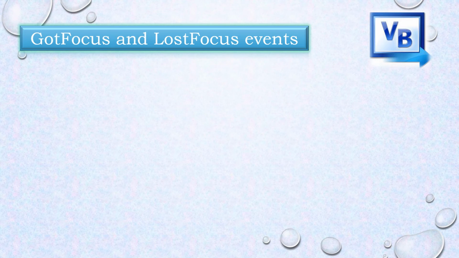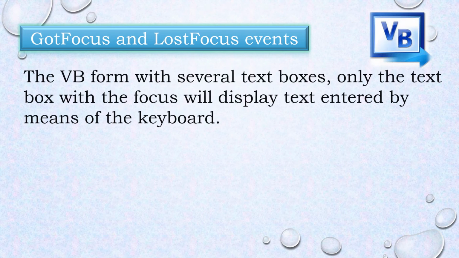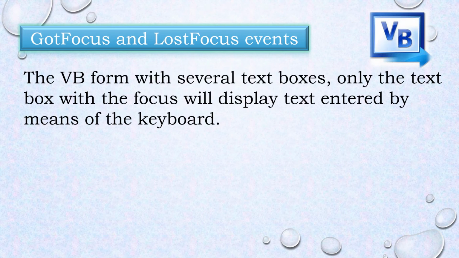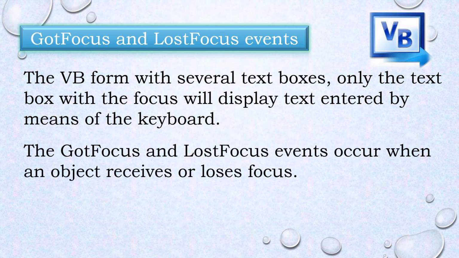Got focus and lost focus events. In a VB form with several text boxes, only the text box with the focus will display text entered by means of keyboard. The got focus and lost focus events occur when an object receives or loses focus.